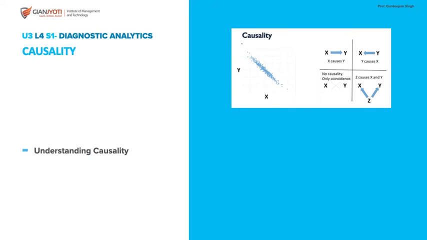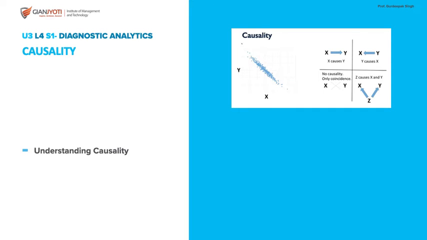So again, through the scatter diagram, as you can see, it is decreasing. If I see a scatter diagram like that, and I would like to know the causality out of it, there could be four possibilities.